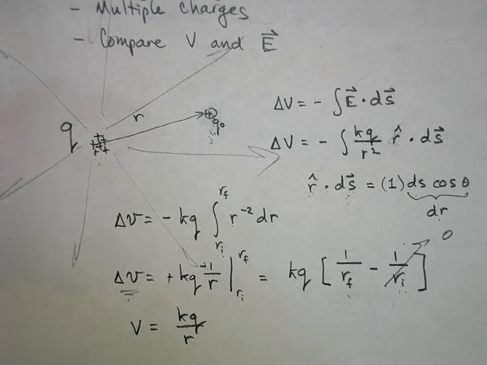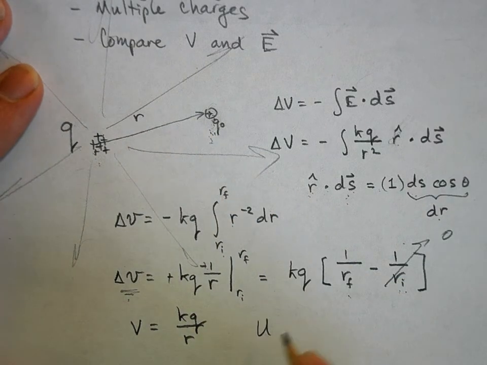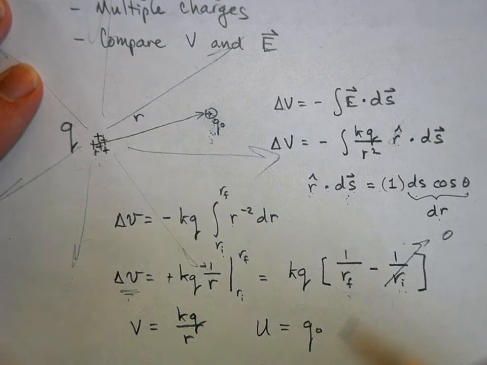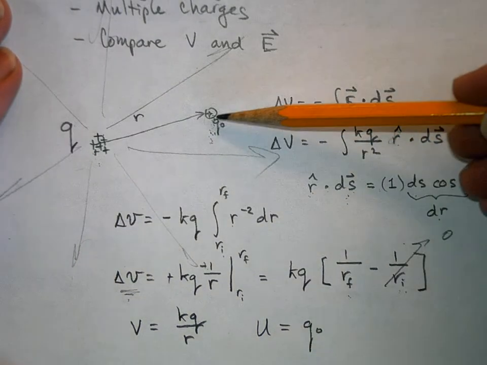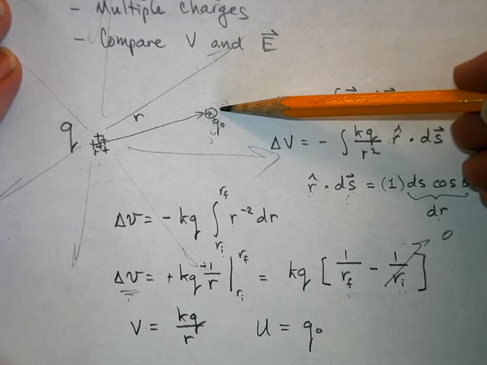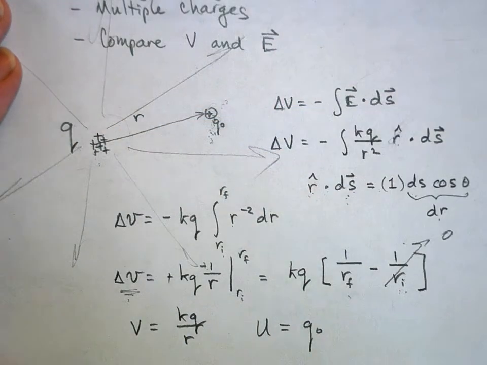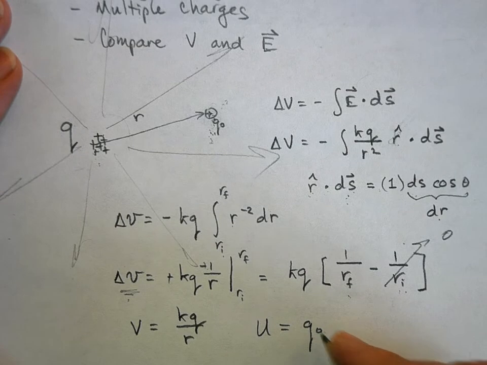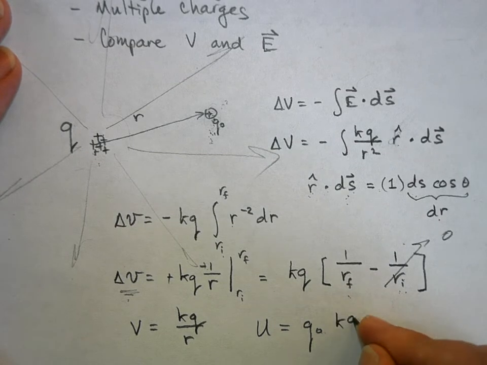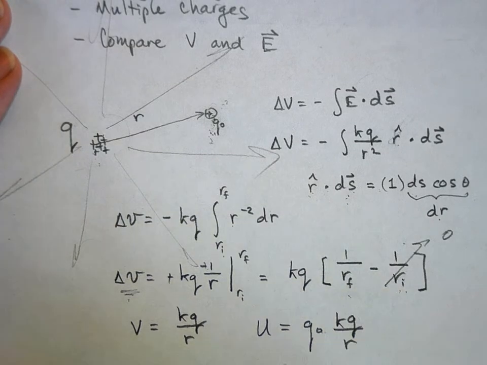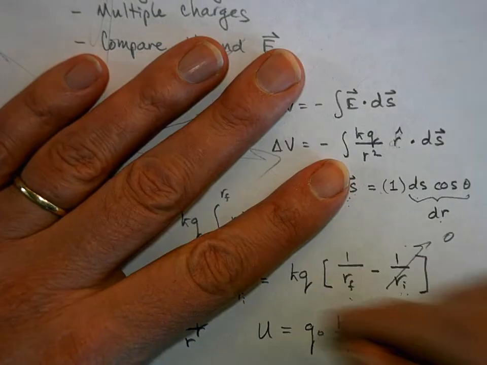Now, of course, to get the potential energy, U is just equal to that Q naught, my test charge. This doesn't have to be a test charge. It can be any charge of this other particle that I pushed against the electric field due to this charge. I'm sorry, let me add a step in there.